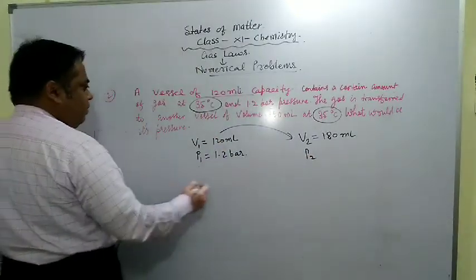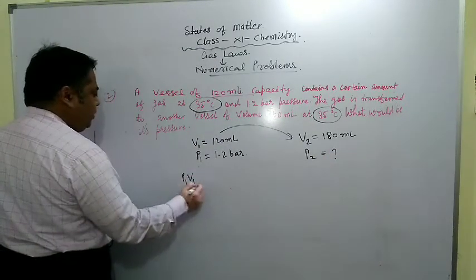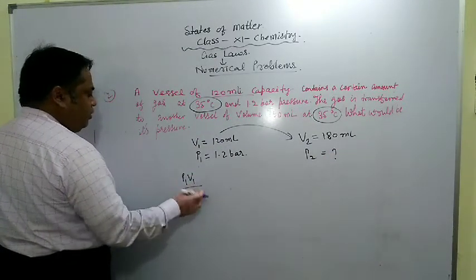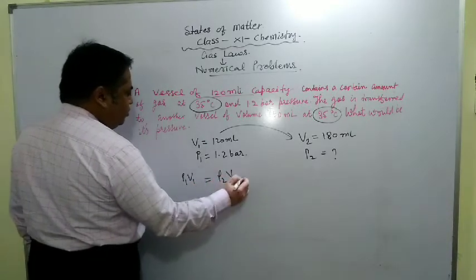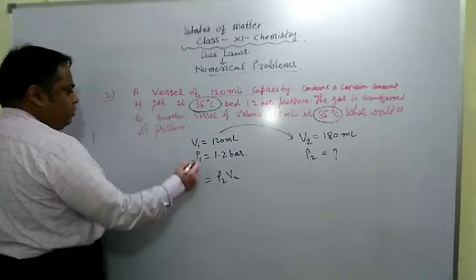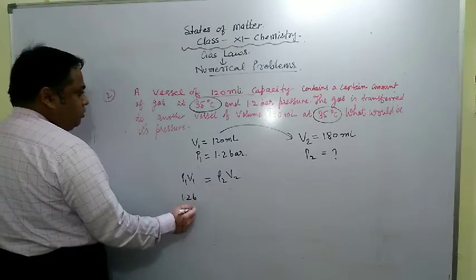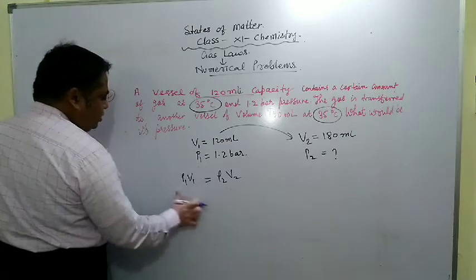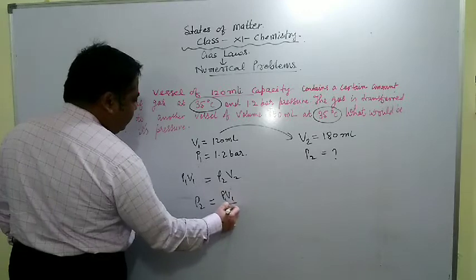Again, same formula we will apply. T is common, so we will take P1 V1 equal to P2 V2. So P2 will be equal to P1 V1 by V2.